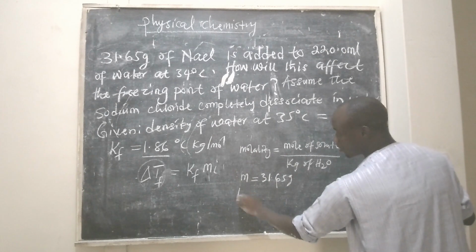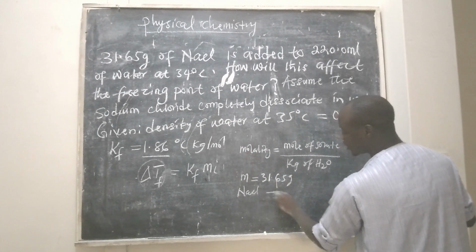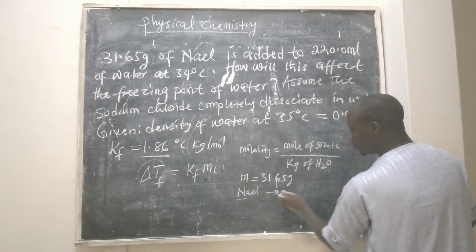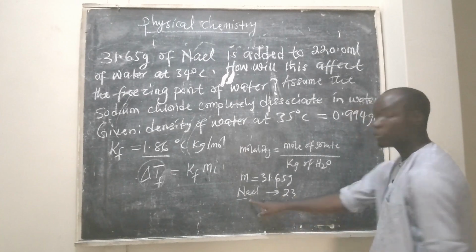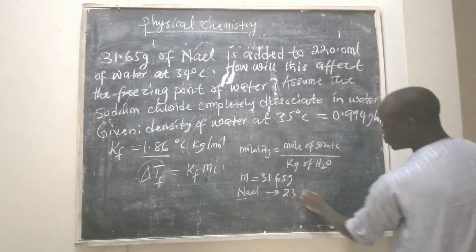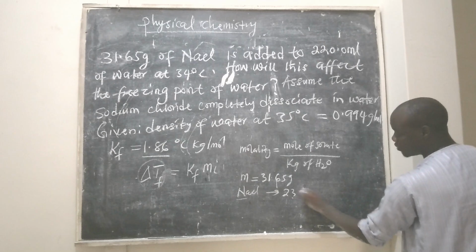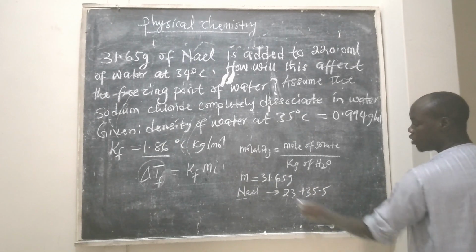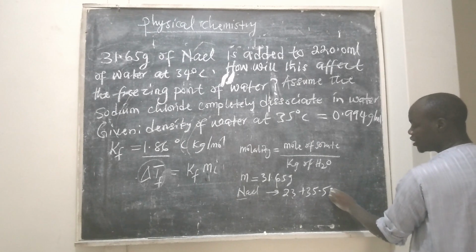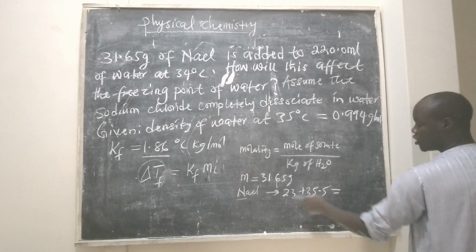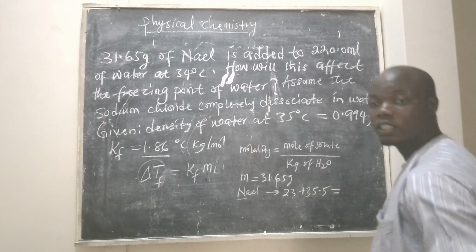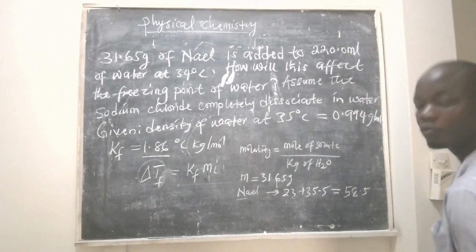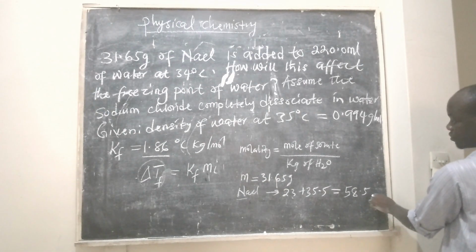And of course, we need to calculate the molar mass of sodium chloride. The molar mass of sodium is 23, and the molar mass of chlorine is 35.5. So we add 23 plus 35.5, and we have 58.5.